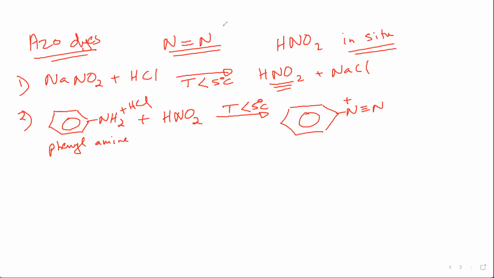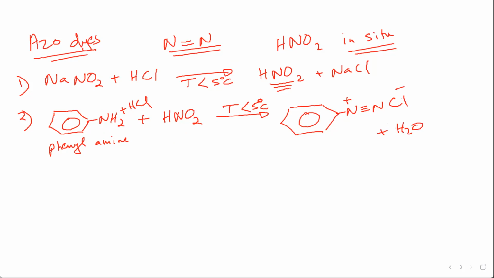As the amine group is a basic group, we add HCl so as to form the ammonium chloride ion, which is a salt that can dissolve easily, and we add it to the nitrous acid, and we get the benzene diazonium chloride, and we get water as well.